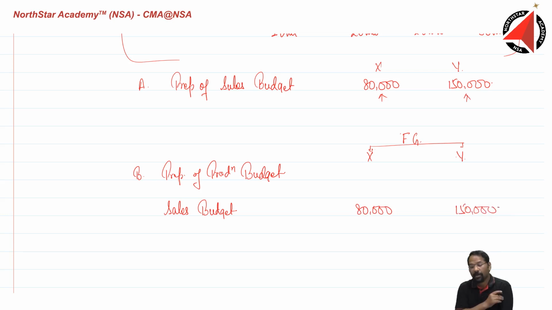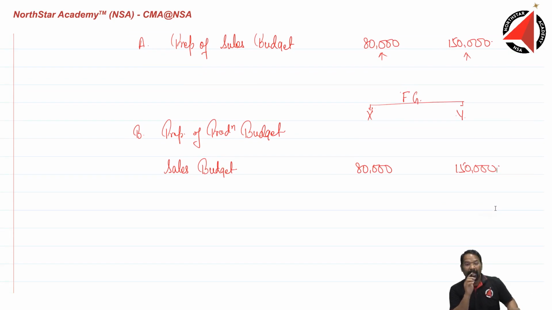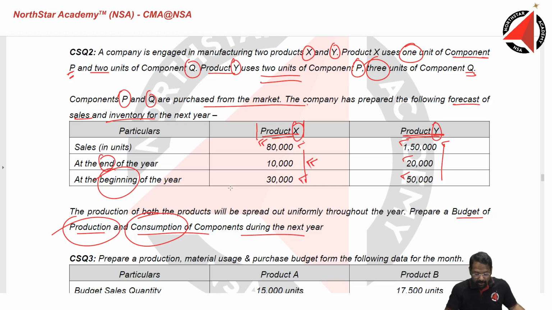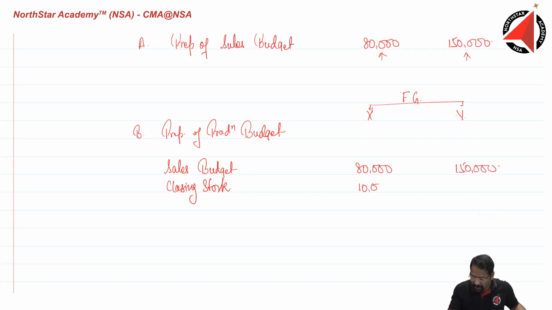Now I will break the question and ask you two pieces of information. I want to ensure that these many units should be my closing stock. Listen to me carefully. Don't jump into the answer. I want to ensure that 10,000 and 20,000 units should be left at the year end after we have sold everything.